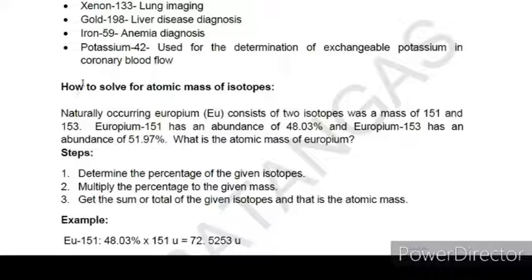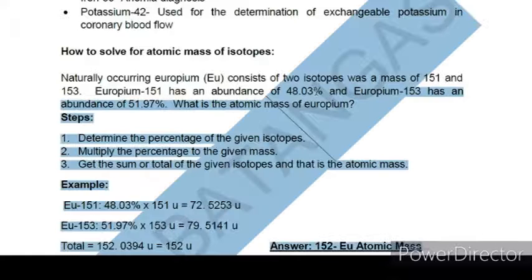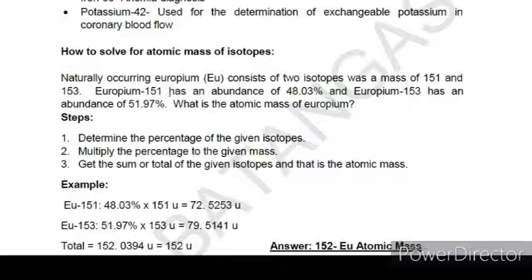Now, for this case, you have a problem solving which involves getting the average atomic mass of the isotopes. Here you have europium having two isotopes with a mass of 151 and 153. The given also is the percent of abundance of the two different isotopes.